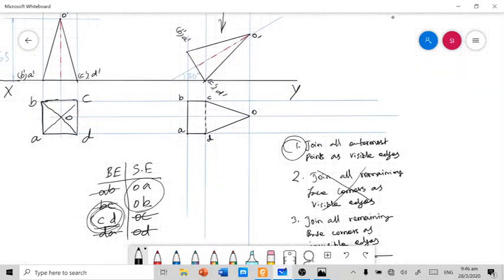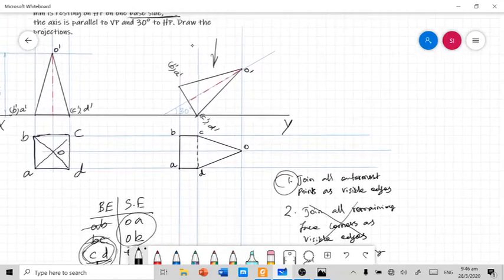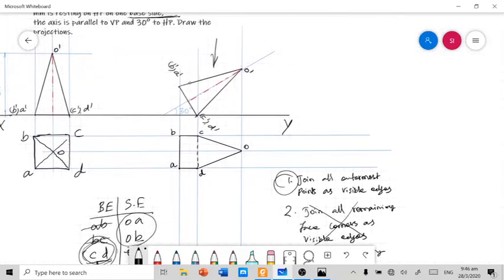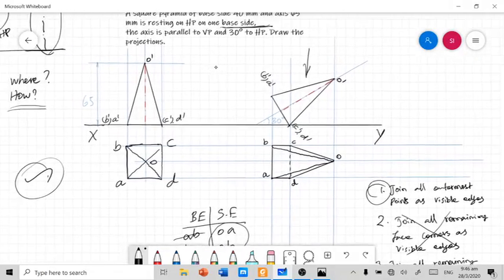The side edges OC and OD are already joined by the first rule. So the remaining side edges OA and OB are visible when you see them from the top. It's clearly visible, so you have to join them as visible edges. So this is the end of the work in this problem.